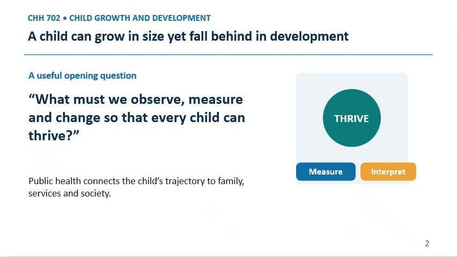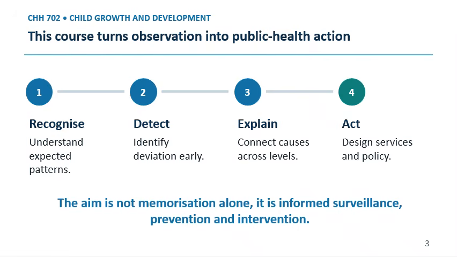Those answers illustrate why public health needs a broader perspective. Thriving is more than being alive or free of obvious disease. It includes adequate physical growth, increasing functional competence, emotional security, opportunities to learn, and supportive relationships.